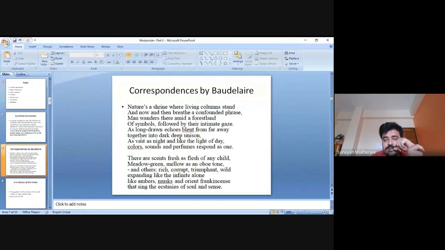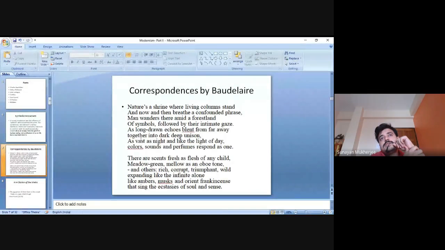The scents, the colors, the light, and some of the images can be rich, some can be corrupt, some can be triumphant, but the world is nothing but a creation of images, like ambers, musks, and orient, frank incense that sing the ecstasies of soul and sense.